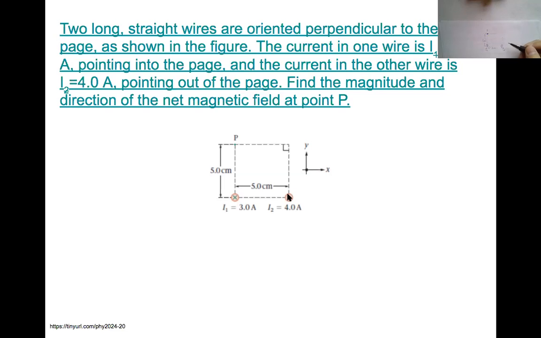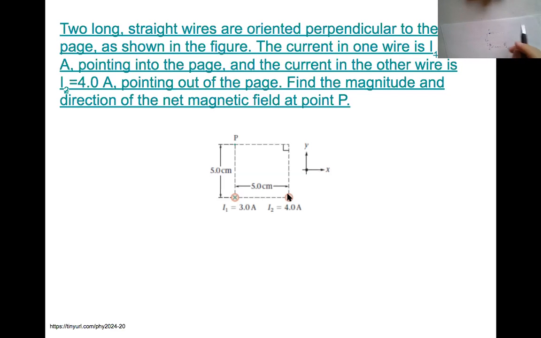Now, by a single wire, the magnetic field is going to be around the wire, in a circular path. So over here, by I1, it's going to be on this big circle. Now you can use your right-hand rule.